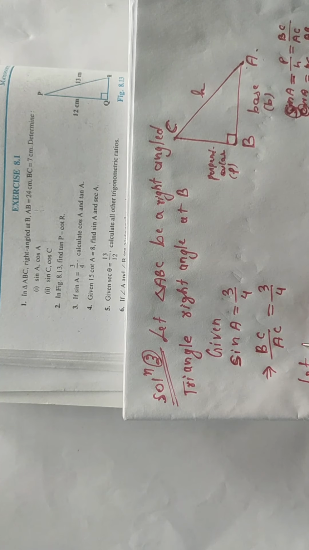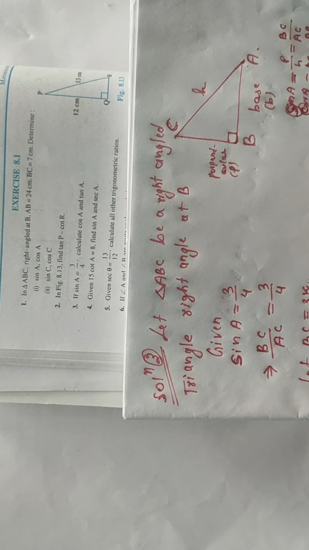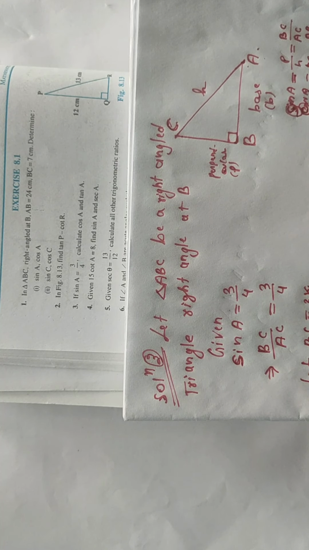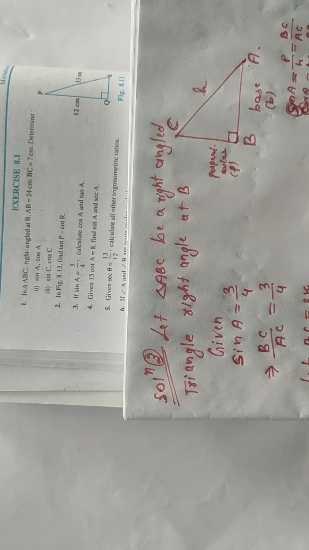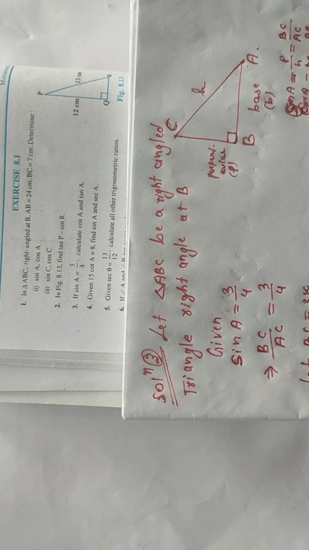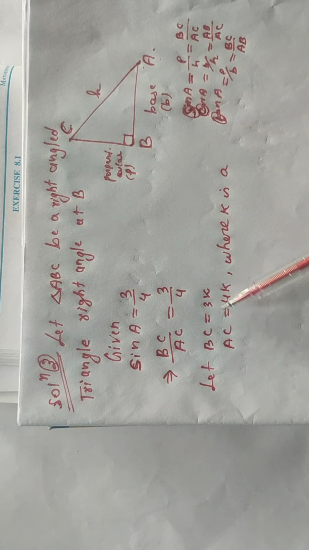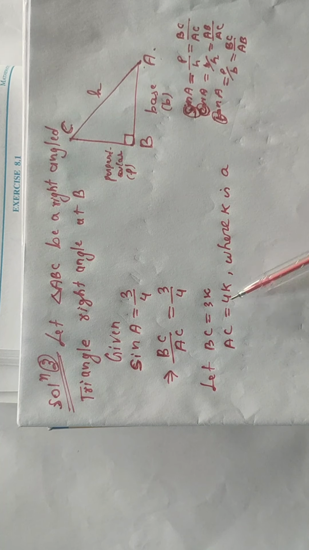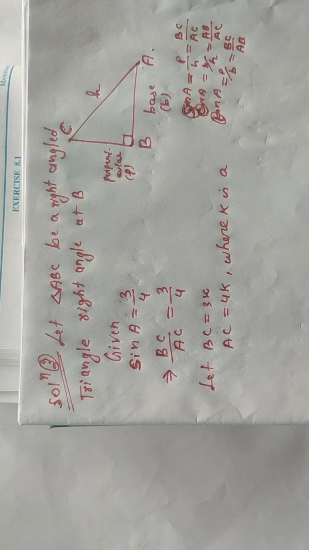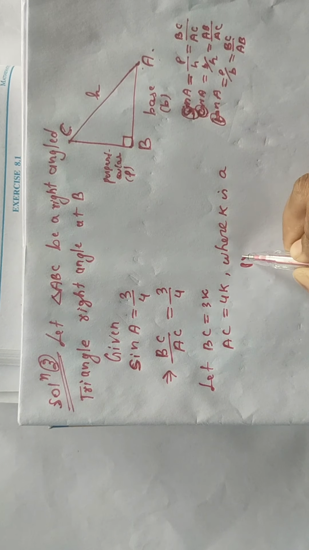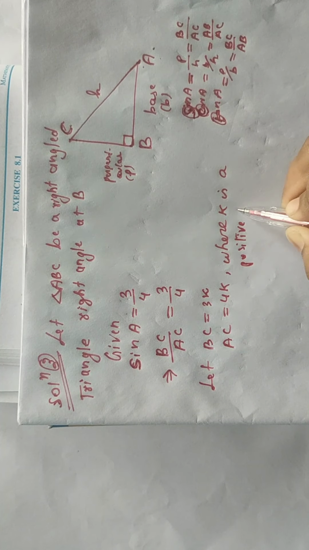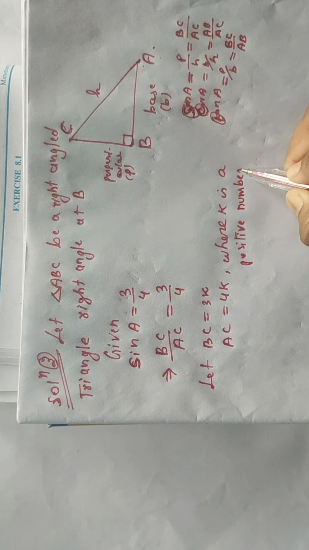Now let BC equal to 3K and AC equal to 4K, where K is a positive number.